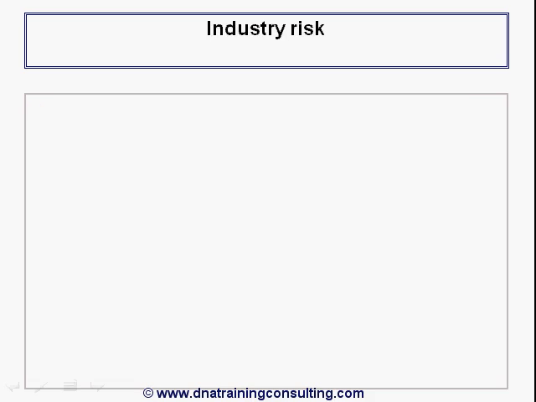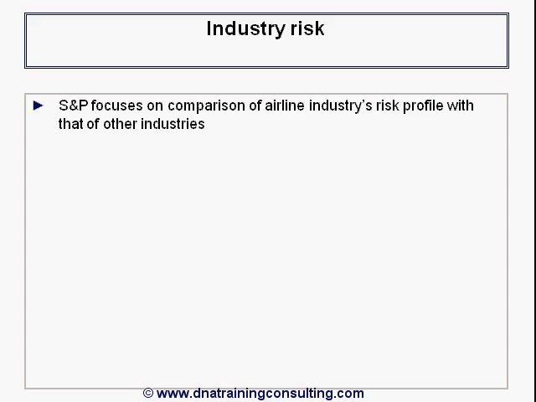The industry risk section in the S&P report is perhaps the most instructive. The rating agency focuses on a comparison of the airline industry's risk profile with that of other industries, emphasizing that while risk categories are broadly similar across industries, the effect of these factors on credit risk can vary markedly among industries.